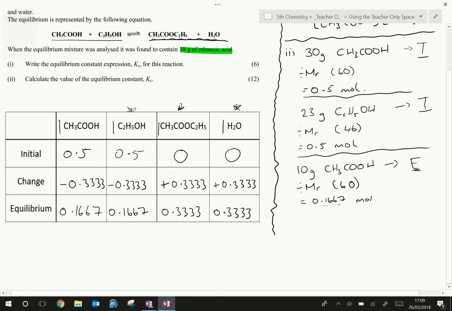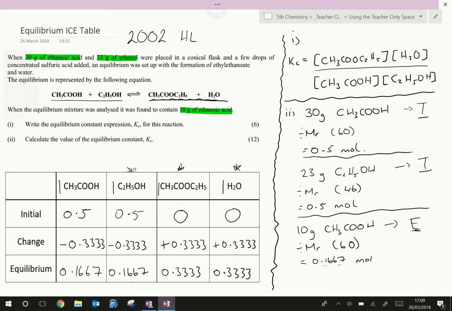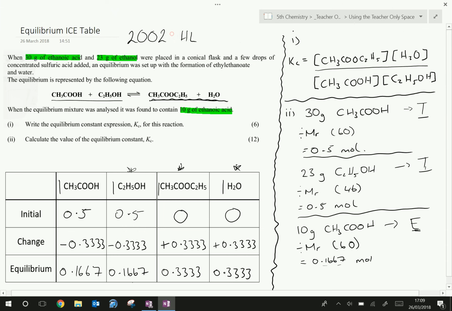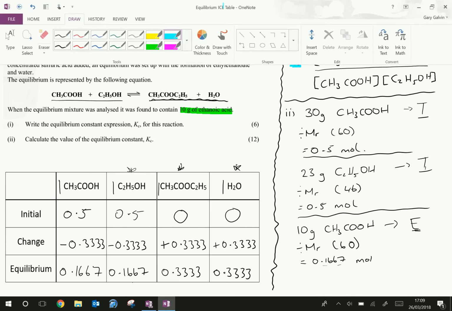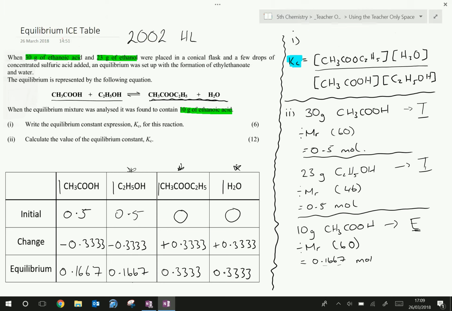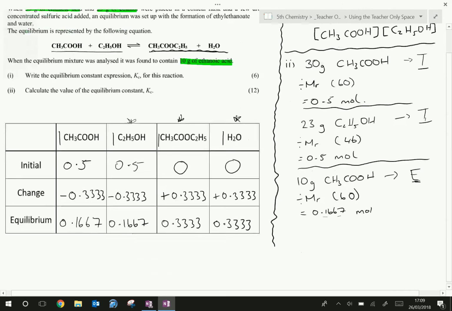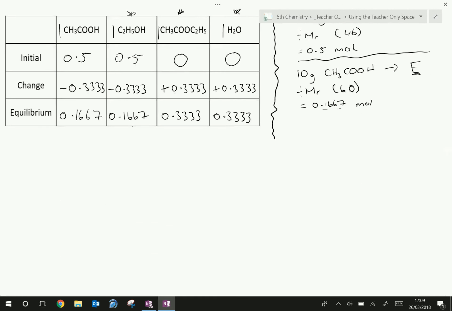Because I have all of this from my equilibrium row, I can substitute that back into my equilibrium constant expression, and that will tell me what the value of the equilibrium constant is. I can find out what Kc is. So I'm going to write that expression again down here.